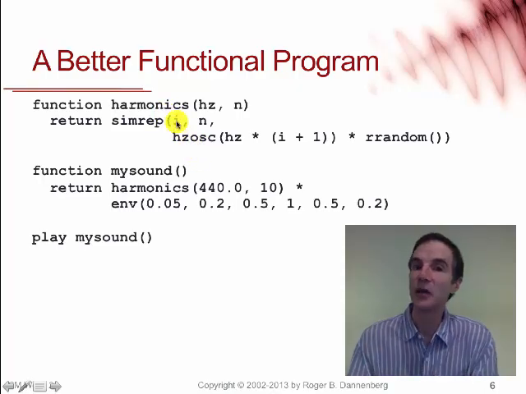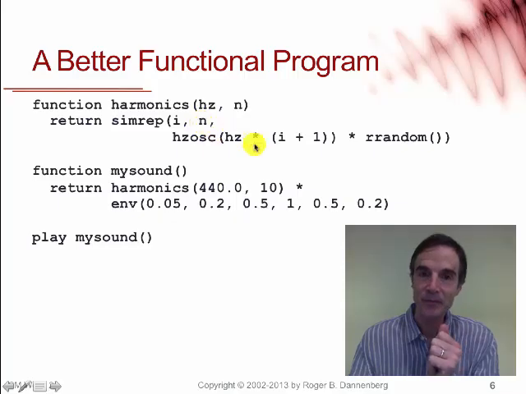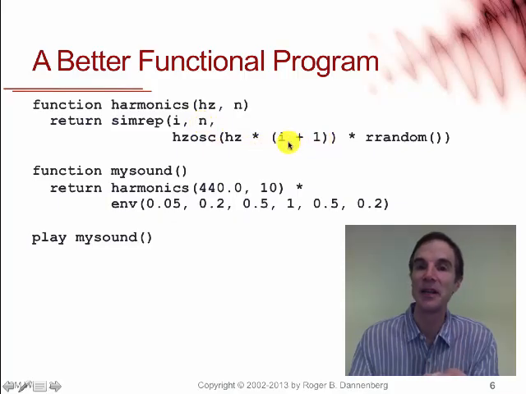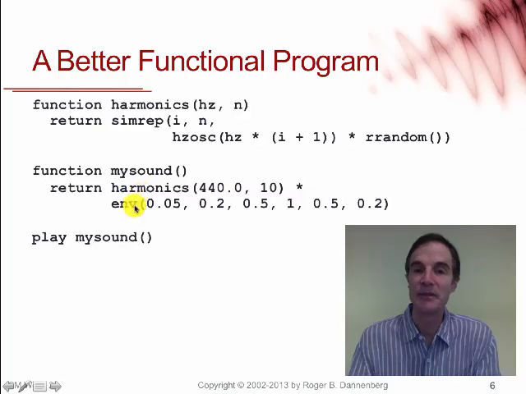I here is a loop variable. It goes from 0 to n minus 1, or whatever this expression evaluates to. And that's why we put I plus 1 here, because we want 1 times Hertz, 2 times Hertz, 3 times Hertz, and so on. Okay, and then once again, my sound is exactly the same. We just scale it by an envelope and we play it.